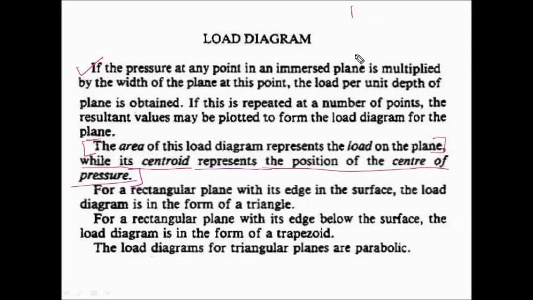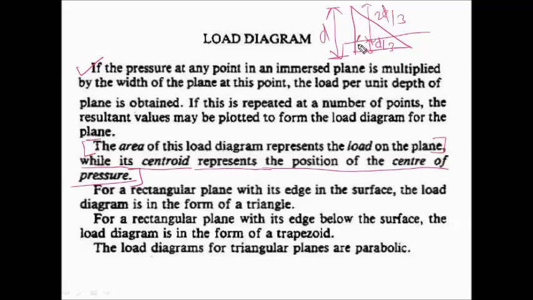So the load diagram is now triangular. If it is a triangle, with depth d, the center of pressure will be at d by 3 from the base and 2d by 3 from the apex.